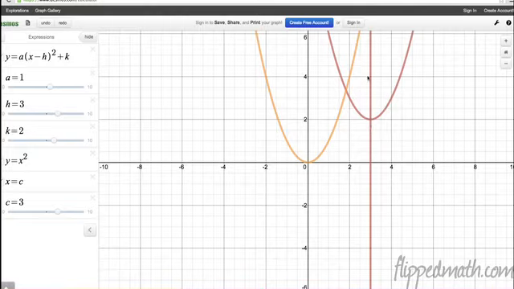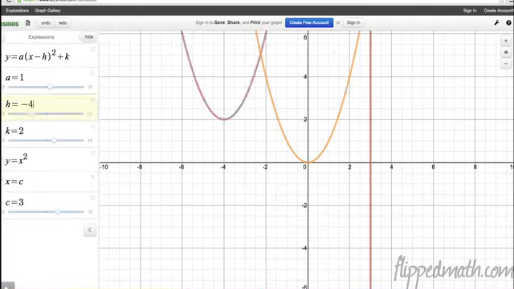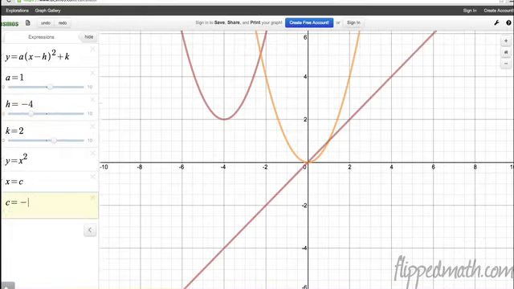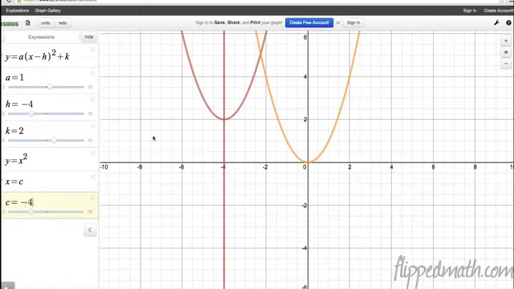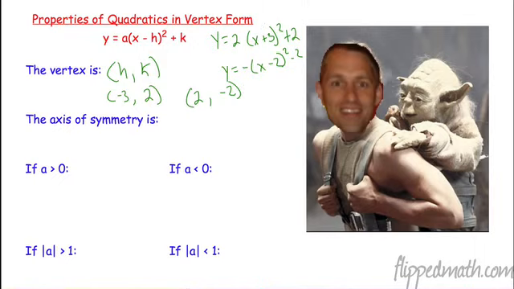All right? The great thing here is that our axis of symmetry is always a line, and it's always going to be whatever our h value is. If I made h negative 4, then I would have to make our axis of symmetry negative 4 to match it. Okay? So let's write that down. Our axis of symmetry, remember, is a vertical line, and vertical lines are always x equals.